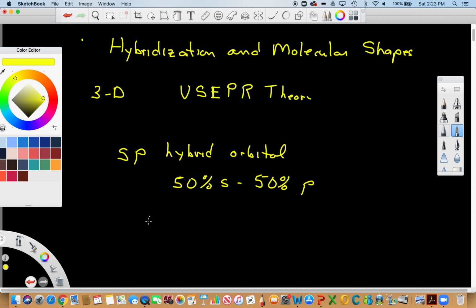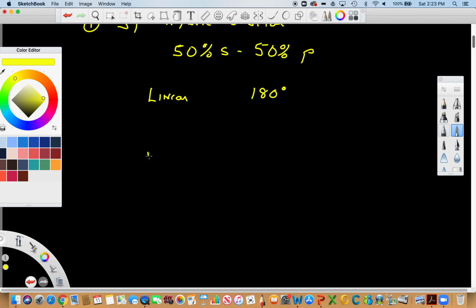These molecules that are s and p always have a molecular shape of linear, which means the bond angle is always going to be 180 degrees. So if I have acetylene, and this is hybridization made easy, I want to look at this carbon here.